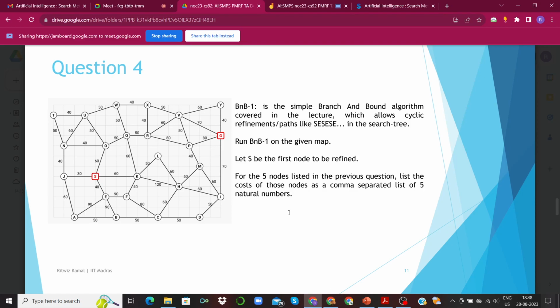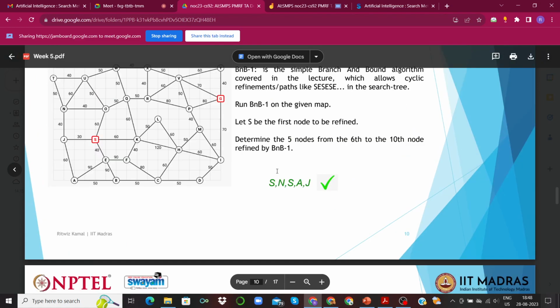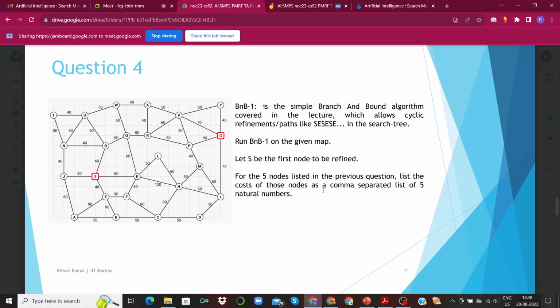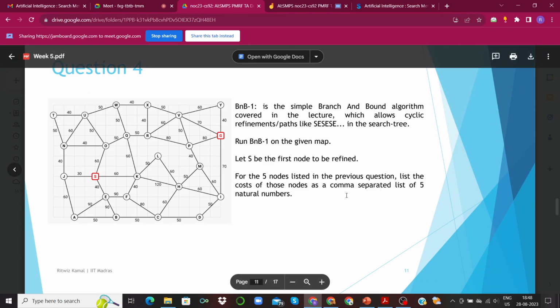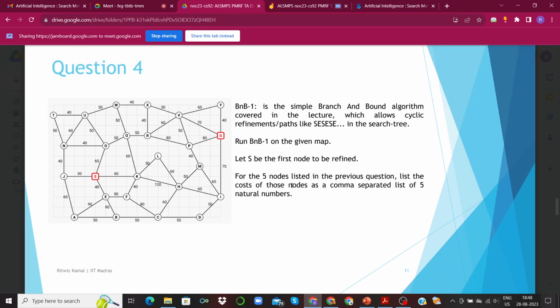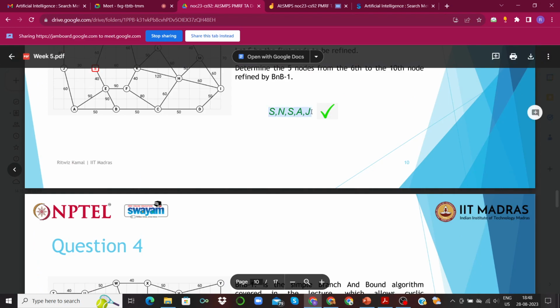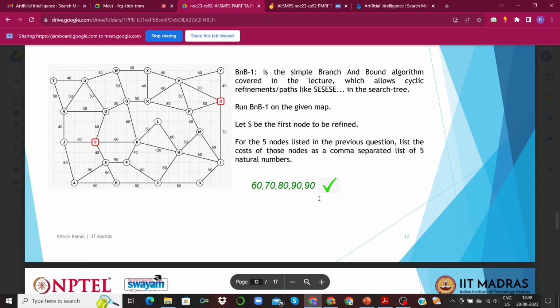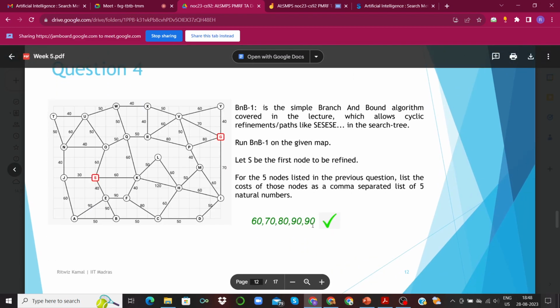Okay, one partial question before this. We just saw these S, N, S, A, J nodes, right? This question basically asks the associated cost of these five nodes that we just saw, and you can quickly refer back to the search tree and see that the costs would be 60, 70, 80, 90, and 90.